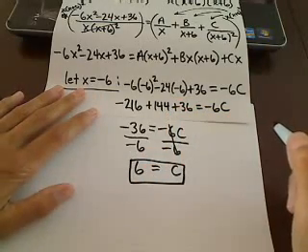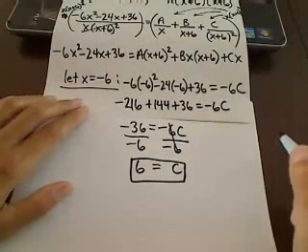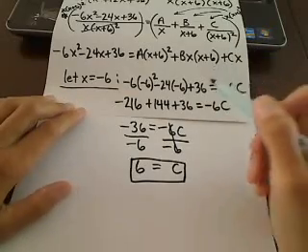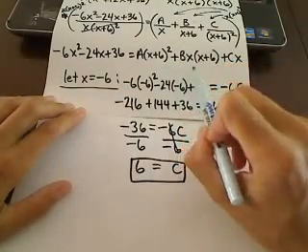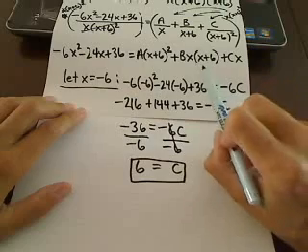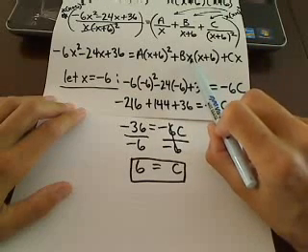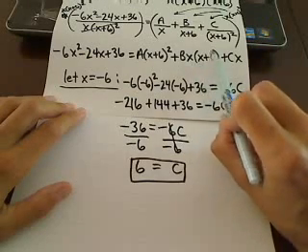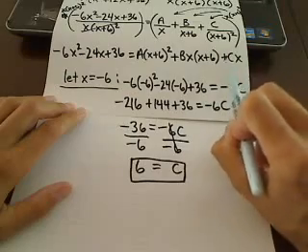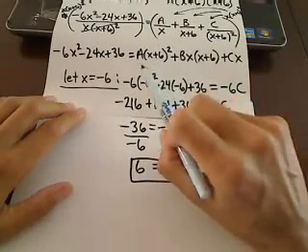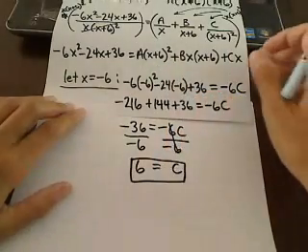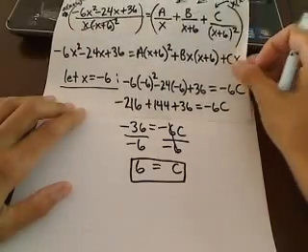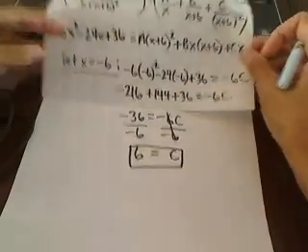Okay, so now I'm going to continue with let x equals. And this time I'm going to choose to let x equal 0. The reason that I'm going to do that is because if I let x equal 0, that's going to zero the b out, and it's going to zero the c out. So I'll actually be able to solve for a in that way.